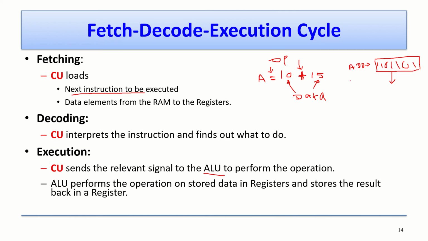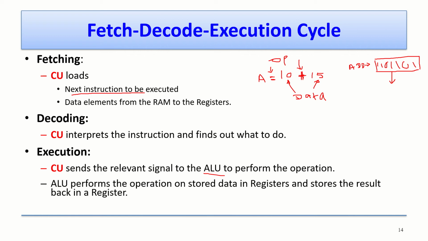Fetching means loading the instruction to be executed and loading the data. Decoding means interpreting this instruction, that is, what to do. Execution means the control unit sends the relevant signal depending on this instruction to the ALU so that the ALU can perform the operation. Then the ALU performs the operation over the data in registers and sends the result back into the registers.